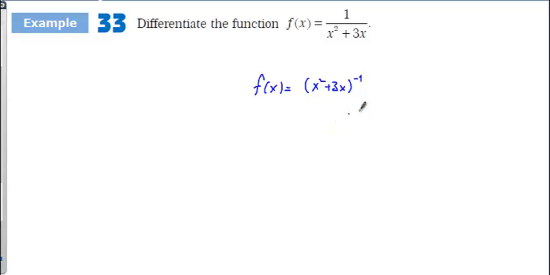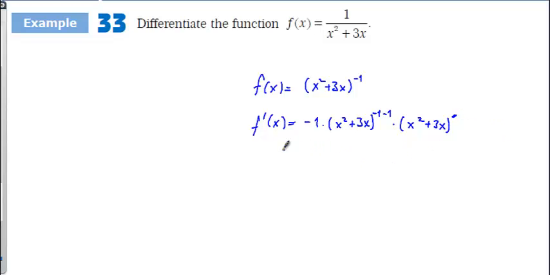Now the power is minus 1, and I'm going to do the operation with respect to that power. f derivative x is equal to minus 1 times (x squared plus 3x) to the power of minus 1 times the derivative of the inside.